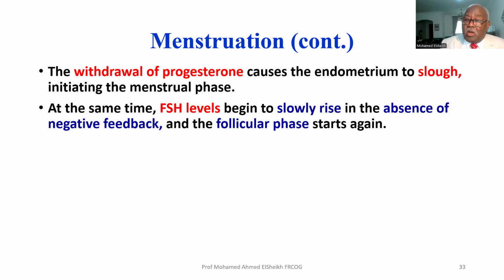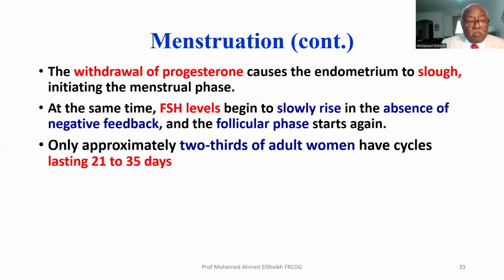And at the same time, FSH levels begin to slowly rise in the absence of the negative feedback from the ovary on the pituitary. The negative feedback will not be there, and accordingly, the pituitary will produce FSH. And thus, the next follicular phase will start. The follicular phase starts again of the next cycle.